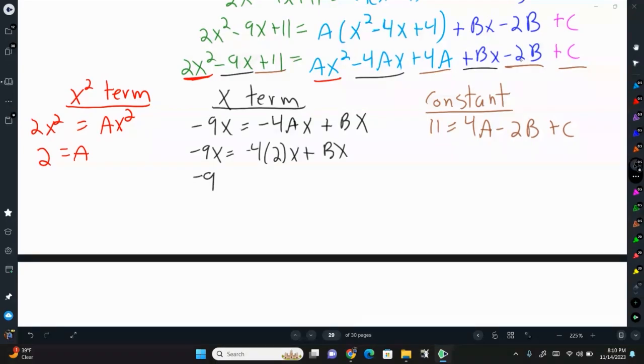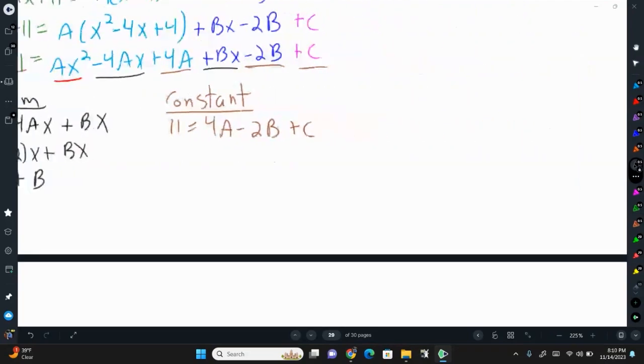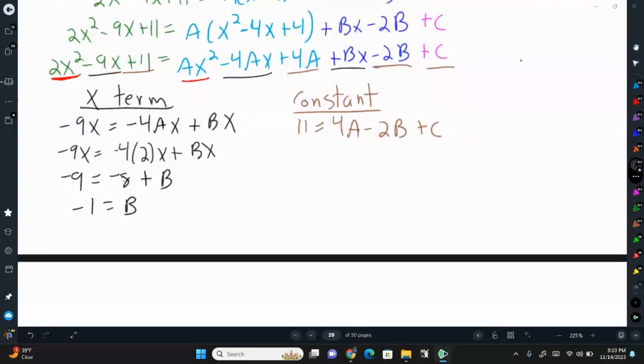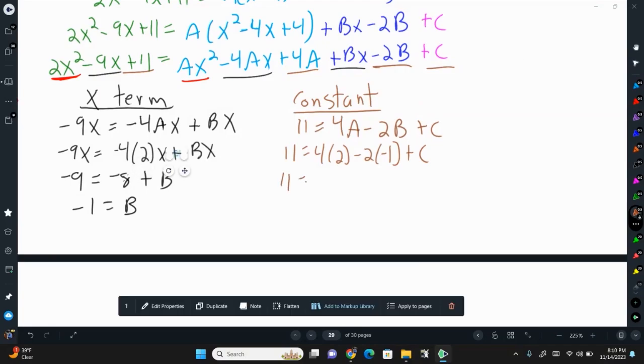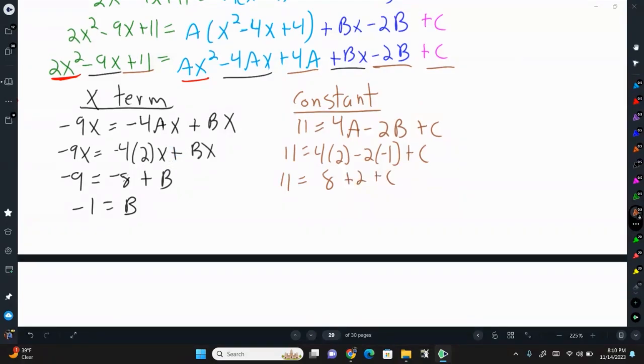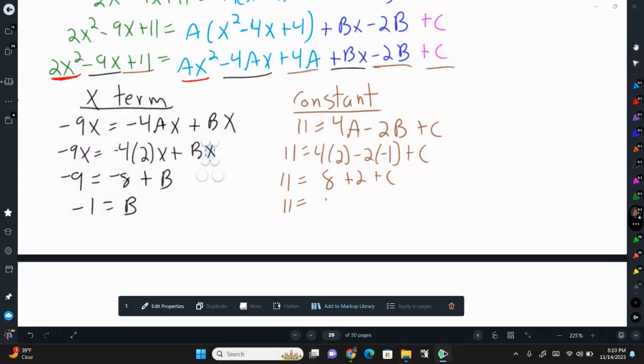So we can get rid of the x's, so negative 9 equals negative 8 plus B. Add 8 to both sides, negative 1 is equal to B. Then over here, with our constant, 11 equals 4 times 2 minus 2 times negative 1 plus C. So 11 equals 8 plus 2 plus C. 11 equals 10 plus C. So C is equal to 1.